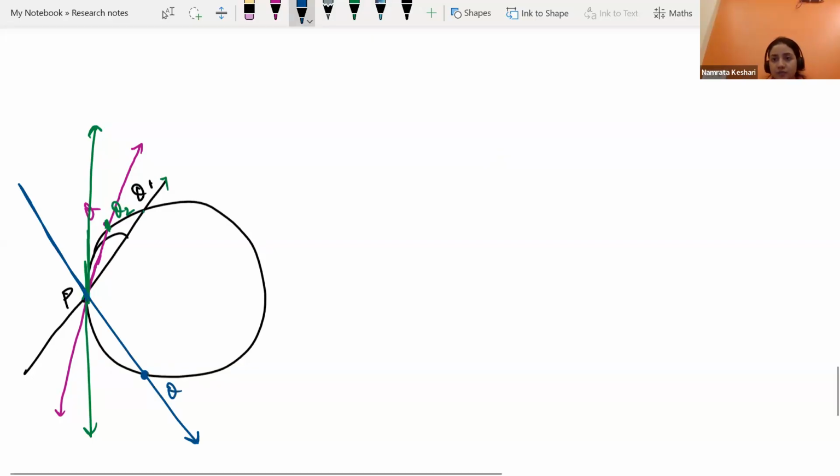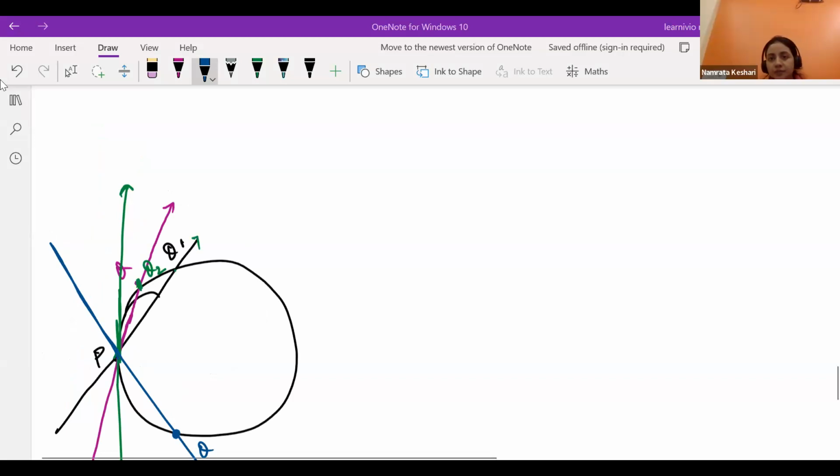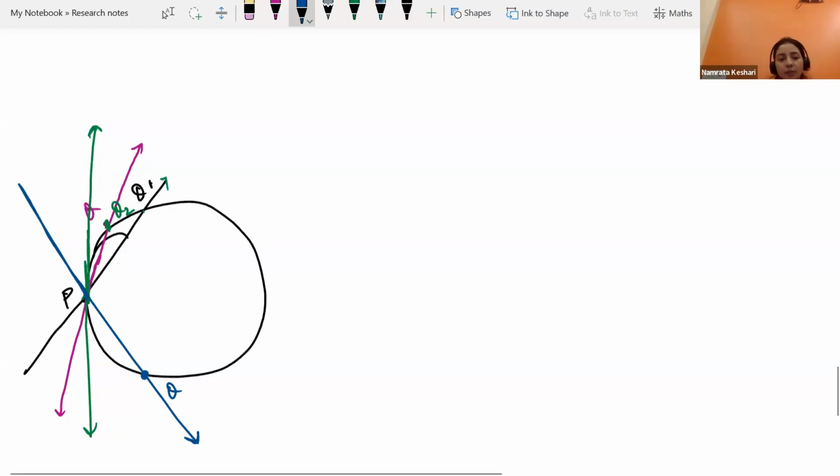Just a second. So, or maybe it will look like this, R1, and from this direction also.